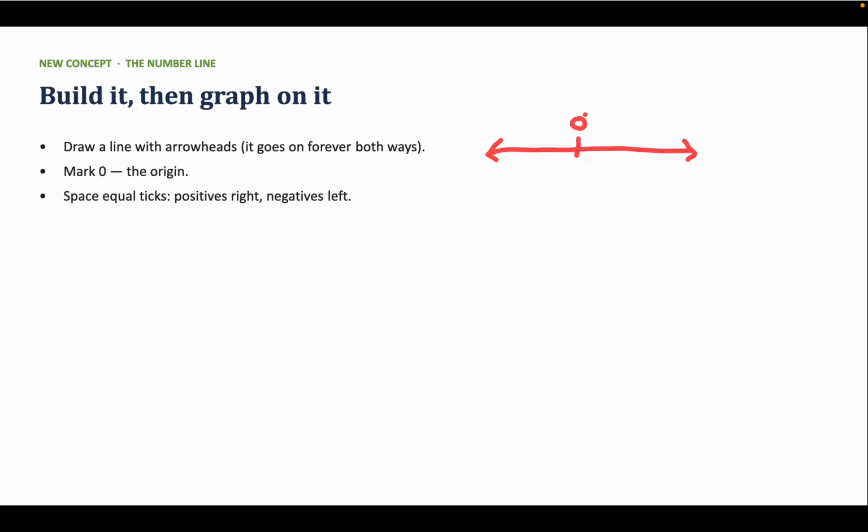And then we want to space equal ticks to the right for positive numbers and to the left for negative numbers. So here we could have 1, 2, 3, 4, and so on. And to the left of 0, we have -1, -2, -3, -4, and so on.